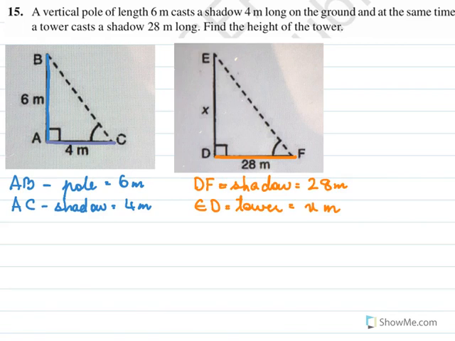We need to find x. We need to find the height of the tower. So you definitely agree you have to consider triangle BAC and triangle EDF and prove that they are similar.